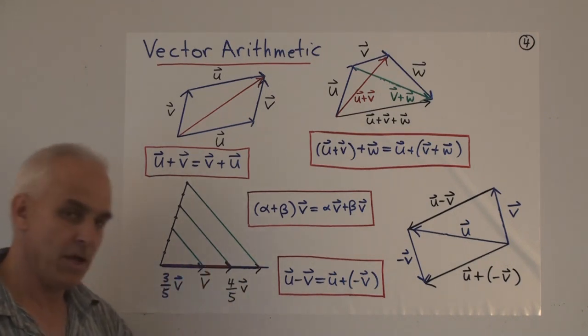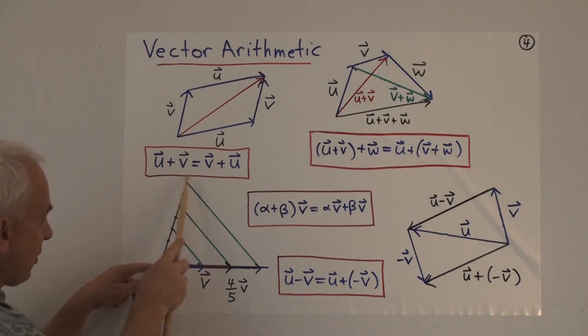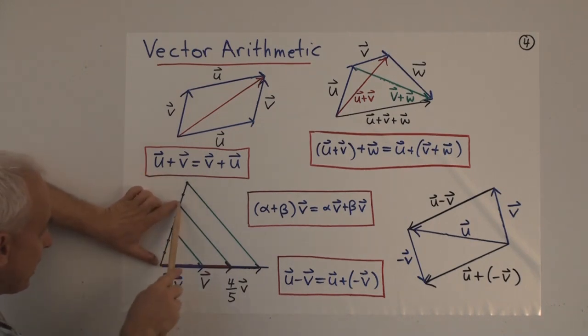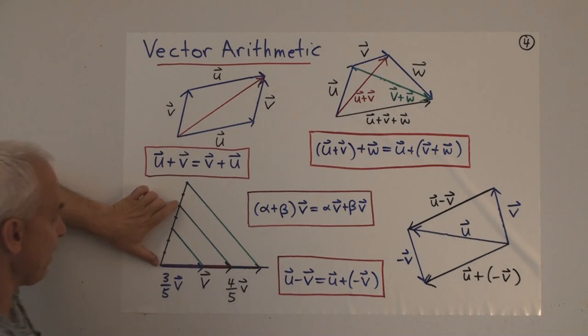And how do I know that? Well, because I've taken some other line and I've chosen equally spaced points on it. And I've gone from here to here. That's where the v starts. That's 1, 2, 3, 4, 5. So I've divided this segment into 5 pieces and drawn a parallel. Now if I draw a parallel through here, then that's 3 steps out of 5. It means that this vector is 3/5 of v. What is this big vector here?